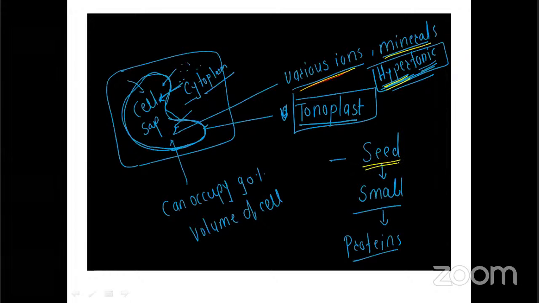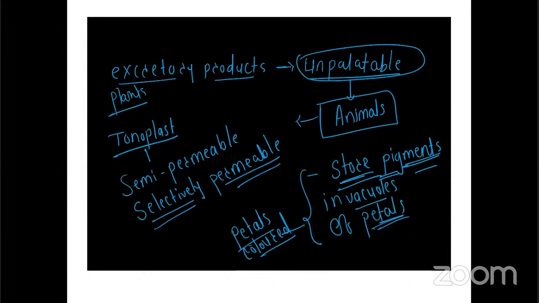Seeds also have small vacuoles. The small vacuoles of the seed store the proteins. These are helpful for the embryo development, or it provides nourishment to the embryo development. Excretory products are also stored in the vacuoles in some plants.